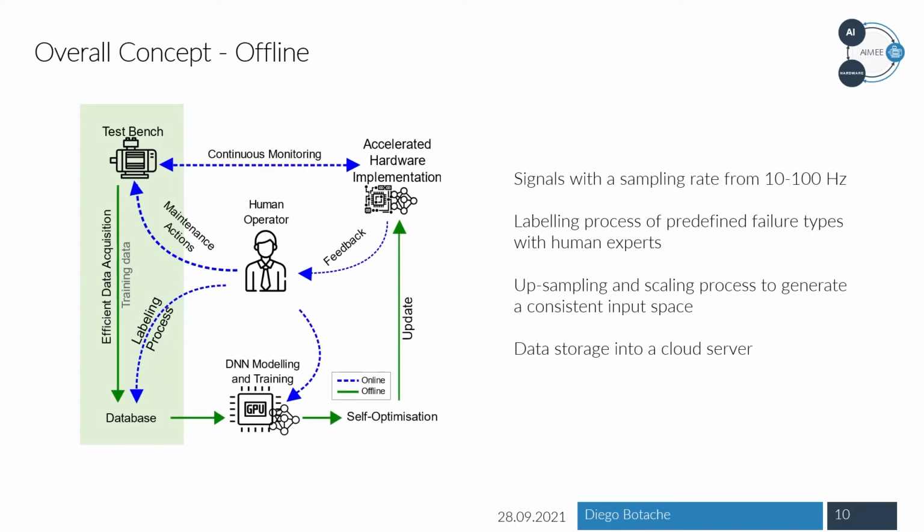Now let's take a look at the overall concept, which can be divided into two basic sub-processes, the offline process and the online process. In the offline process, we start with the efficient data acquisition and providing a database for training the first models. At this stage, we have signals with a sampling rate from 10 to 100 Hz. The labeling process should also include the definition of some predefined failure types, upsampling and scaling to generate a consistent input space, and data storage into a cloud server.